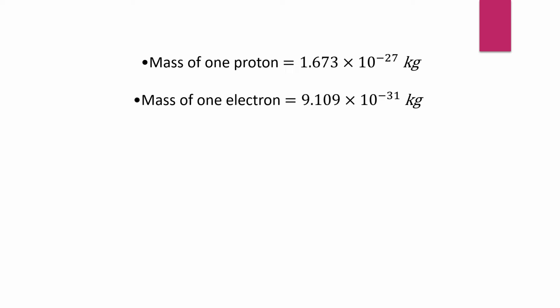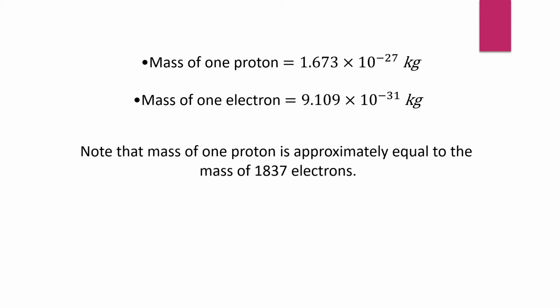It's 10 power minus 31, whereas proton is 10 power minus 27. Note that the mass of one proton is approximately equal to the mass of 1837 electrons. 1837 electrons make up the mass of one proton.